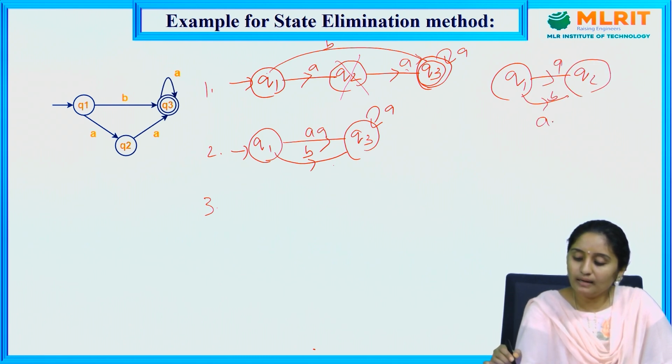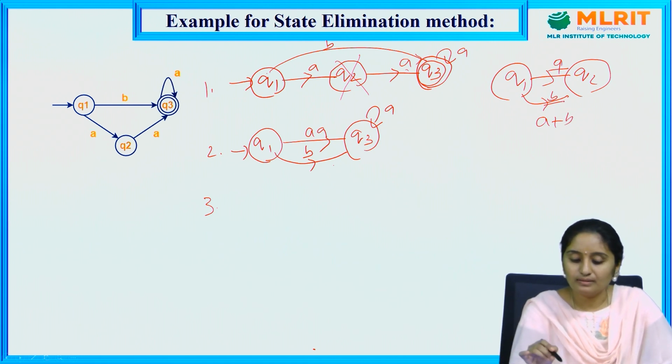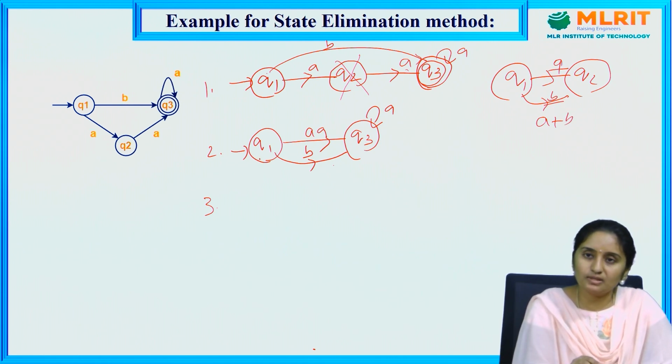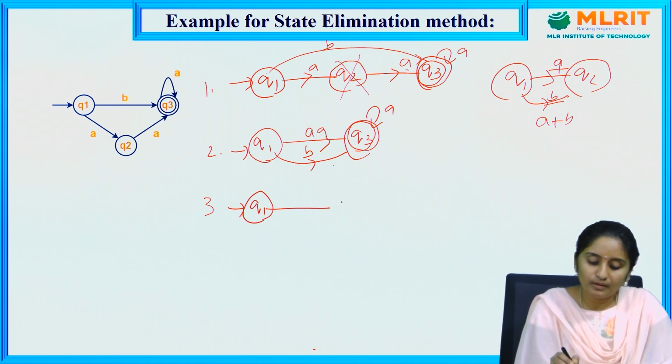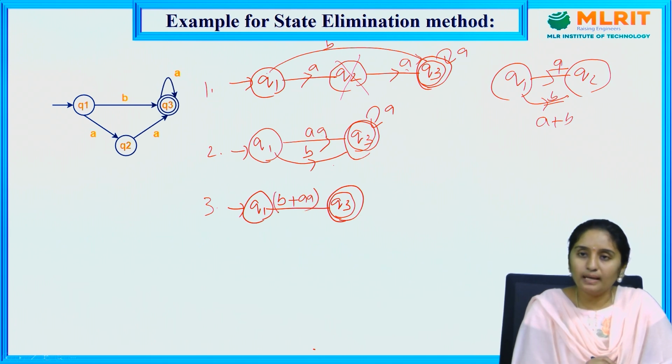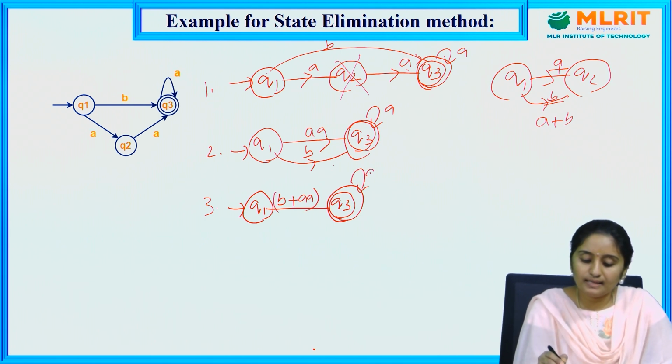I can write A plus B. Either I can read AA or I can read B, because from the same start state I go to the final state with either AA or B. So from Q1 to Q3, the final state, it is B plus AA, and this is A.